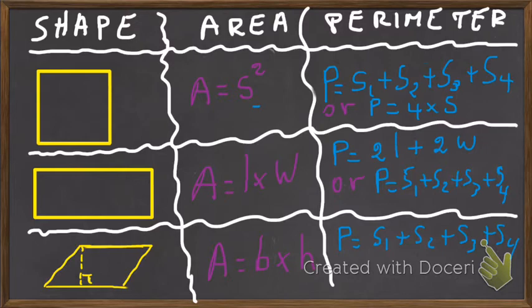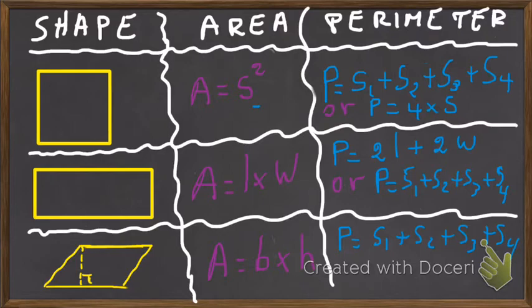This one is the rectangle, and the area is calculated by multiplying the length by the width. For the perimeter, you have to add the sides around the shape. The inside of the shape is the area, the outside is the perimeter.